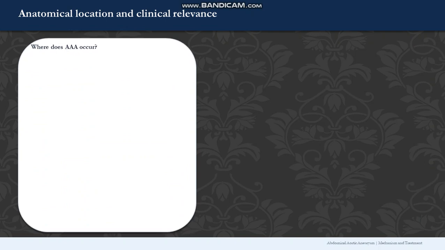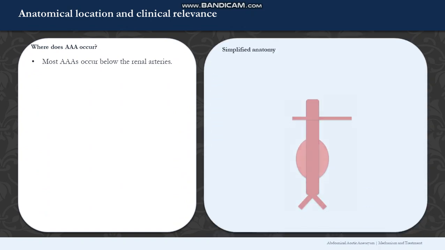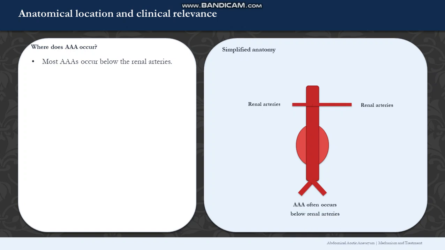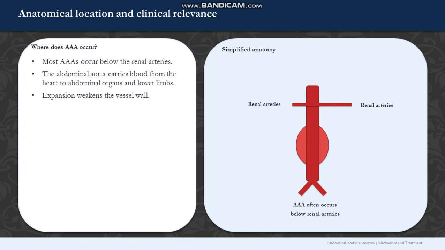Anatomical location and clinical relevance: these are for the surgeon as well as the PGRs working in the surgical department. The abdominal aortic aneurysm occurs below the renal arteries, as shown in the figure. The abdominal aorta carries blood from the heart to the abdominal organs and lower limbs.